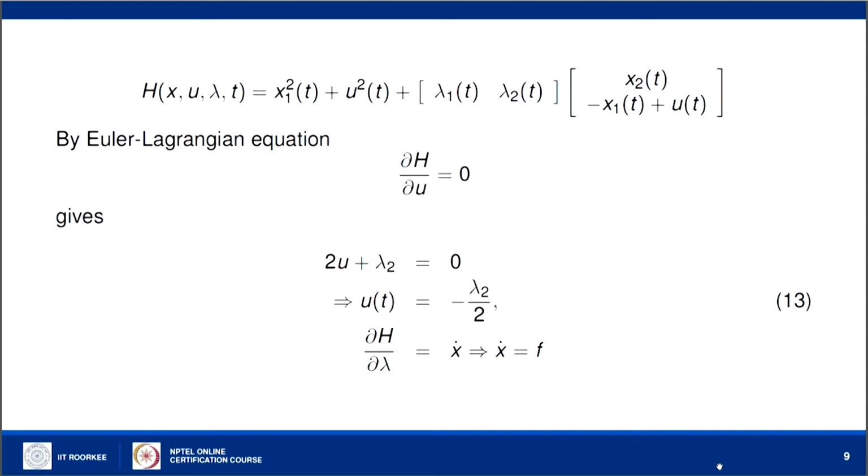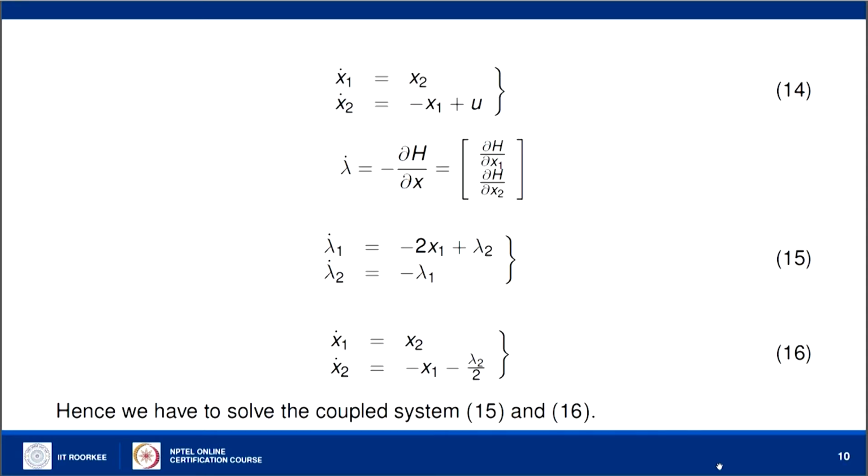So x dot equal to f means x1 dot equal to x2, x2 dot is minus x1 plus u, the given system of equations. The third Euler-Lagrange equation is lambda dot equal to minus del H by del x, that is, minus del H by del x1 and del H by del x2.